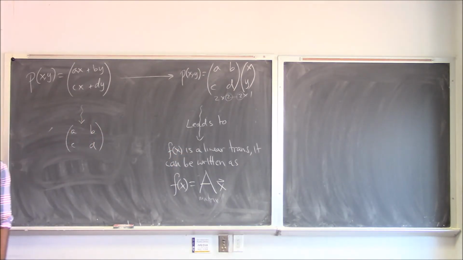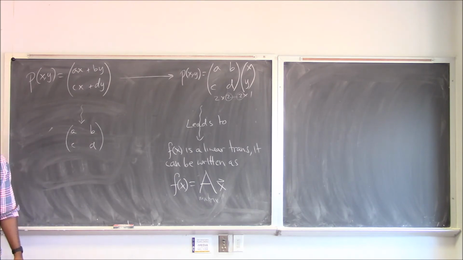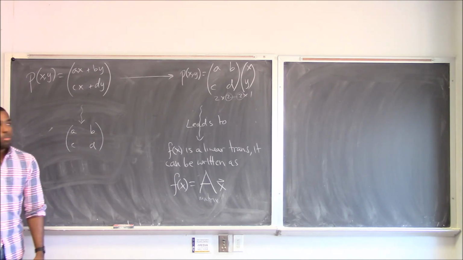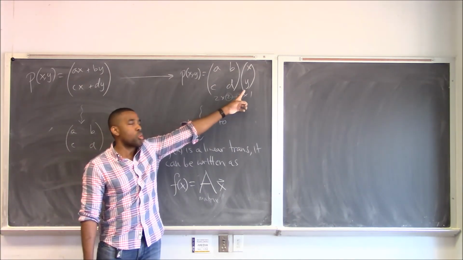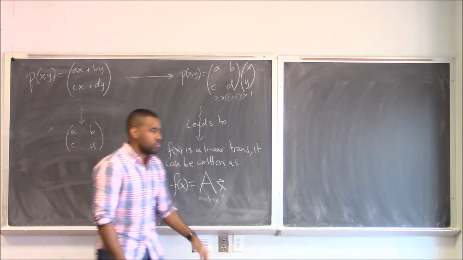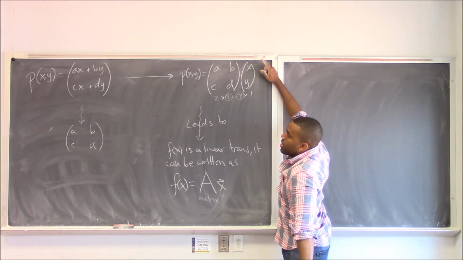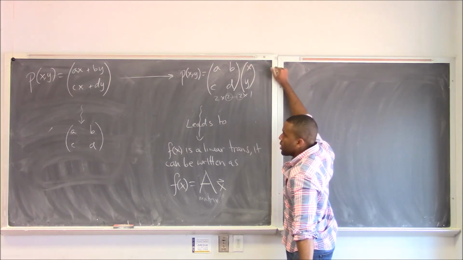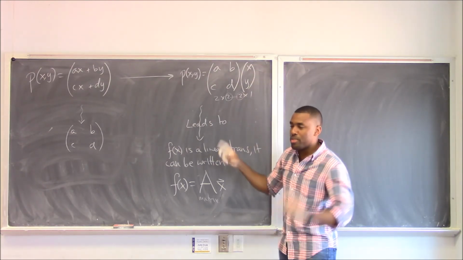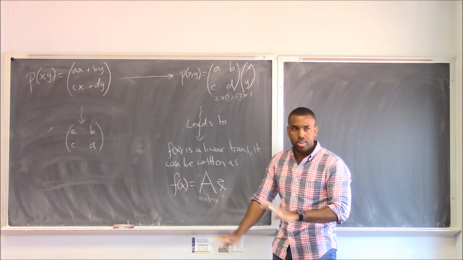Yes? Which one's the matrix and which one's the vector? Well, they're both matrices technically, but if you only have one column or one row, they call it a vector. So if this has one column, technically we call it a column vector. If it had one row, we call it a row vector. But even the word vector is something very general. It doesn't always mean objects like in Calc 3 that you're used to.